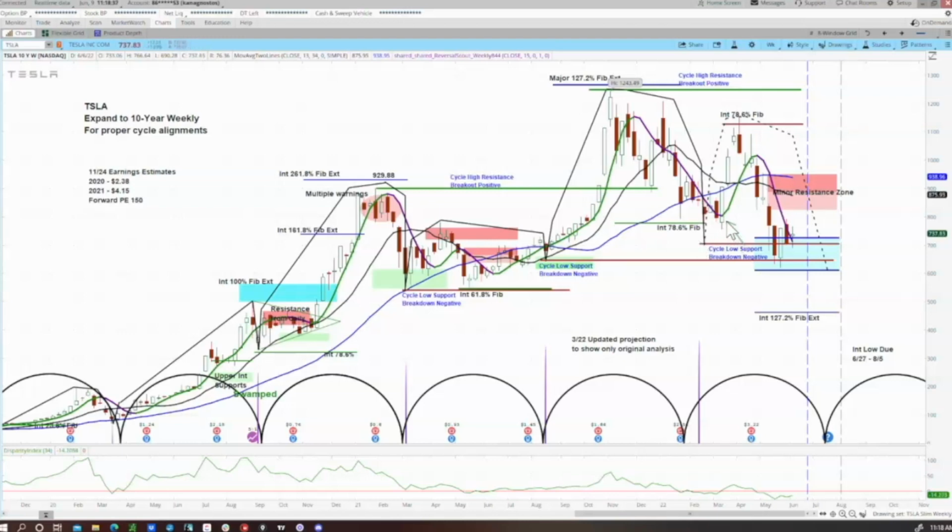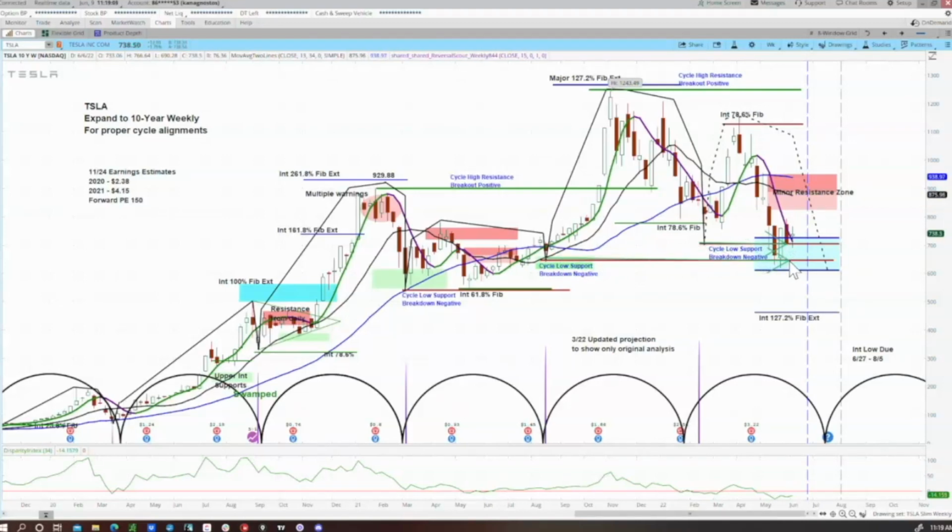We got an upturn in momentum as we began the rising phase of this cycle. Then we made it up to the 78.6% fib of this move from here to here before we rejected from that level. We got a Reversal Scout that turned negative, and then we got this decline that broke through the cycle low support, both the current cycle low support and that of the previous cycle.